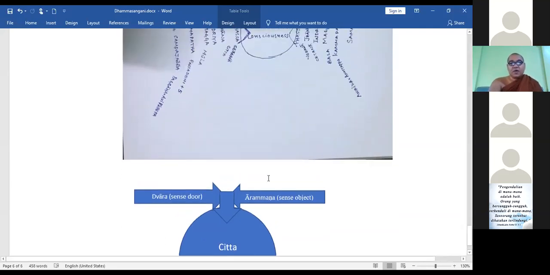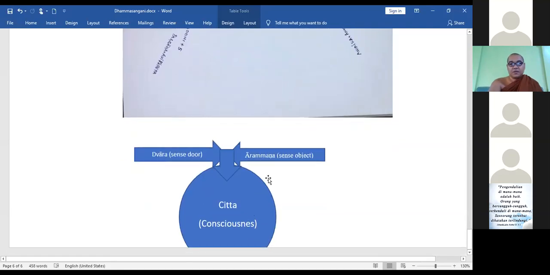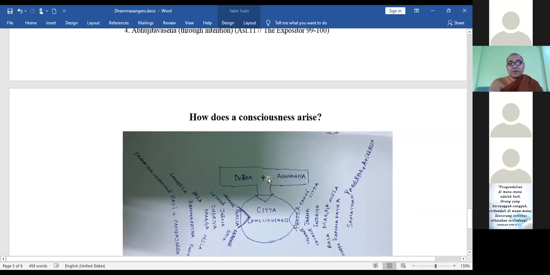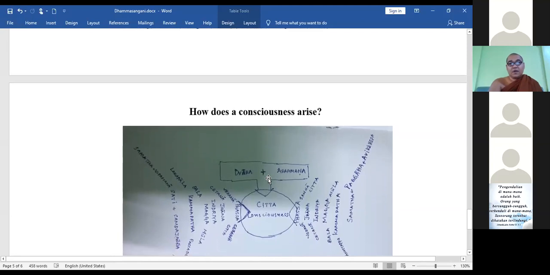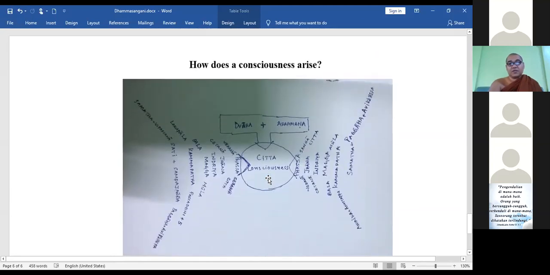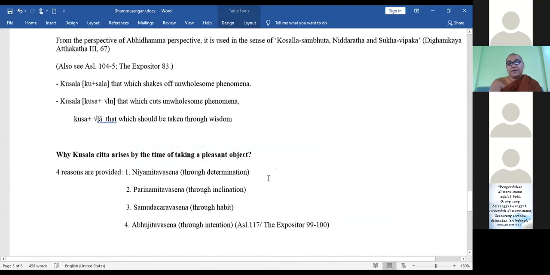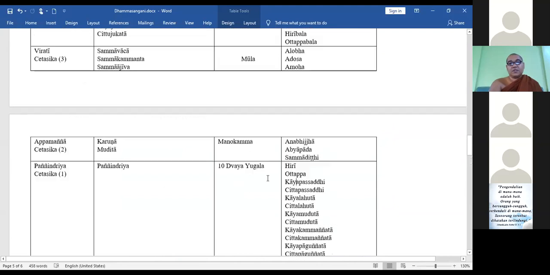So that is the way how Chitta arises. So, how does a consciousness arise, okay? And then mental entities are also there. So let's go back to this chart.